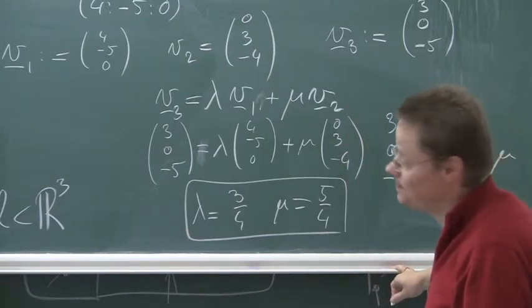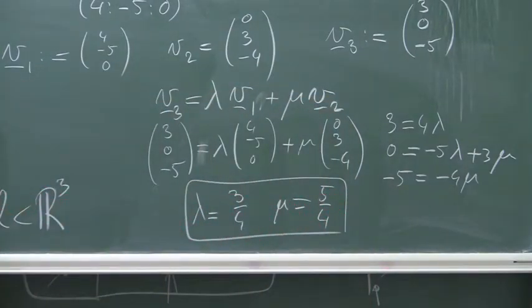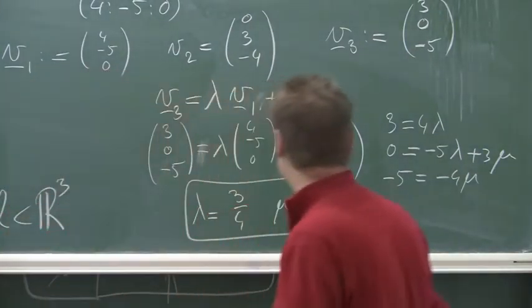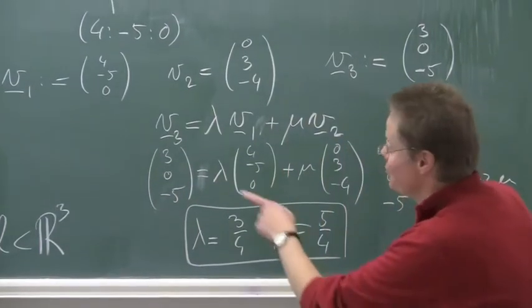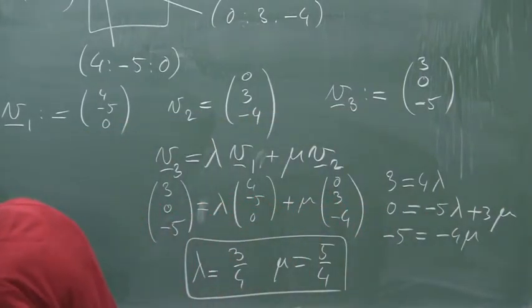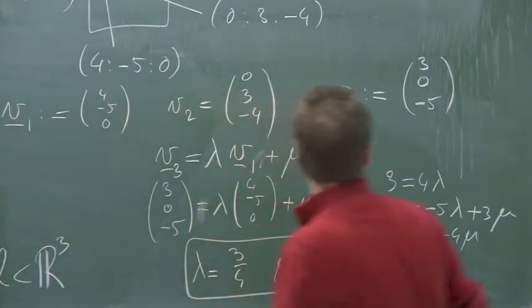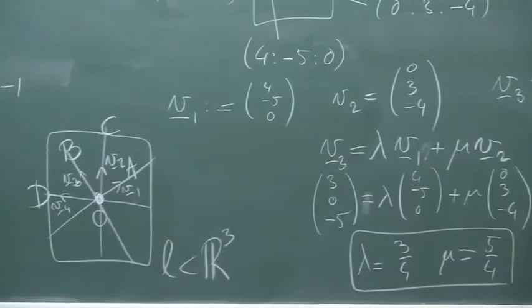And I continue. Last question. Now of course we have to choose a vector v4 here and express that vector in terms of v1 and v2.